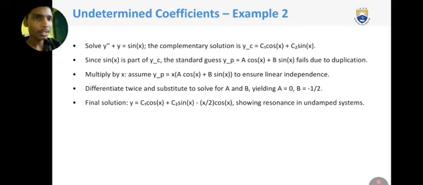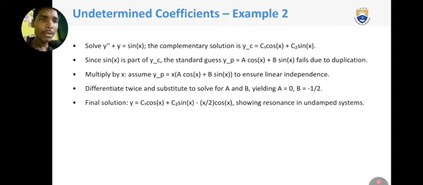Undetermined coefficients, example 2. Solve y double dash plus y is equal to sin x. The complementary solution is y c is equal to c1 cos x plus c2 sin x. Since sin x is part of y c, the standard guess y p is equal to a cos x plus b sin x fails due to duplication.